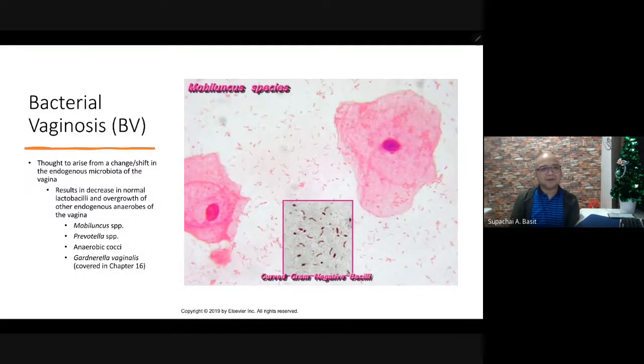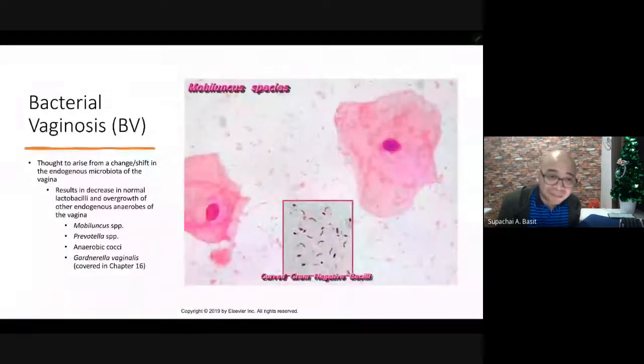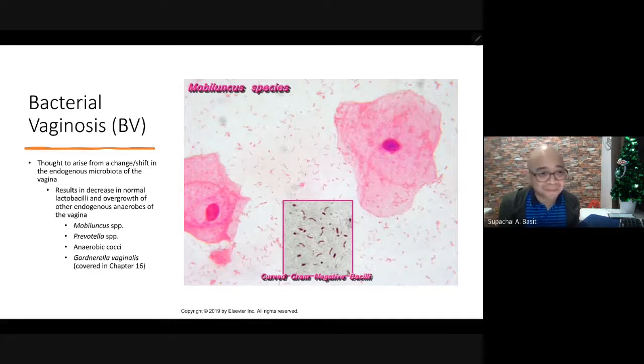And then we also have bacterial vaginosis. Bacterial vaginosis can be caused by aerobic gram-positive bacilli, which I have discussed in another module, but this time this is an example of anaerobic. So there is a shift in the endogenous microbiota of the vagina.